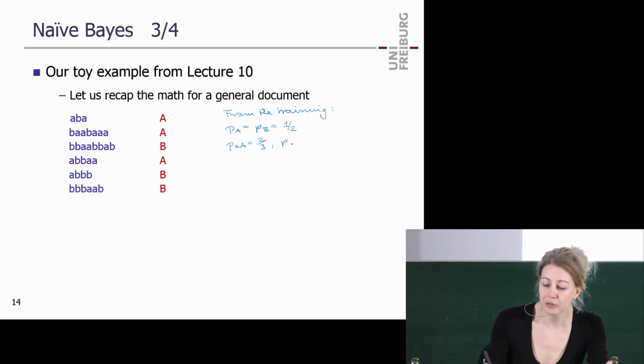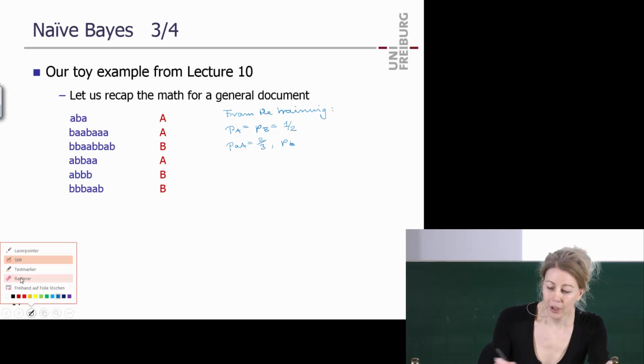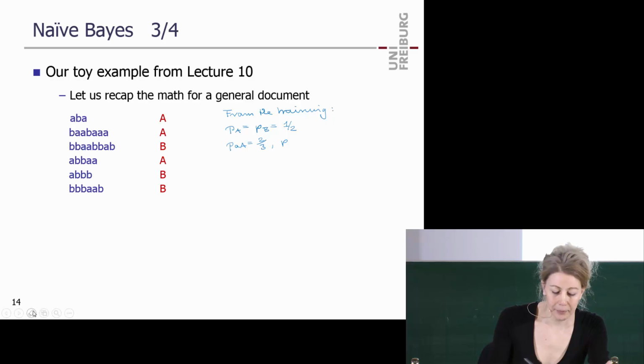The probability of the word B for class A, so this will again be our running example, was 1/3. And for the other class B, it was just the other way around. So A was more rare and B was more frequent, right? 2/3.